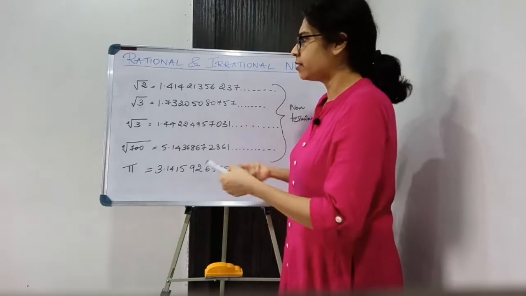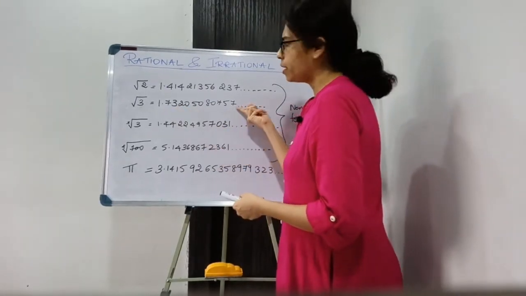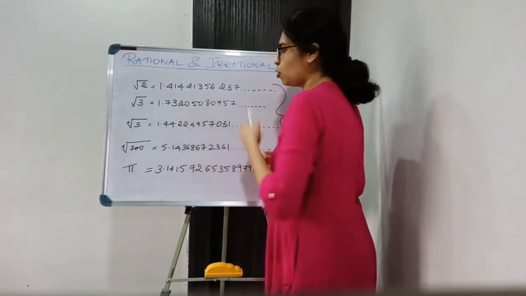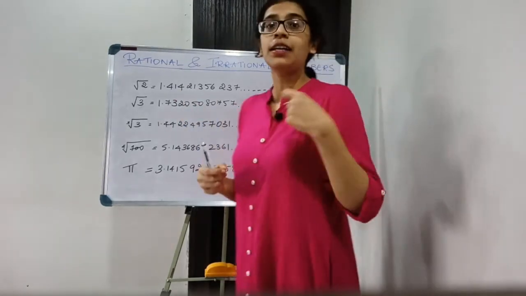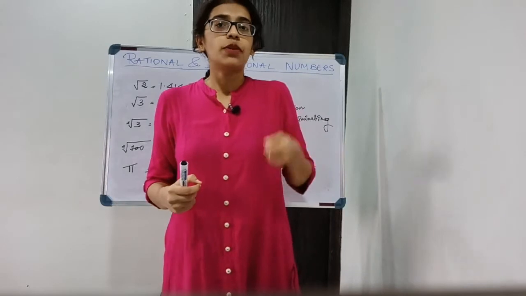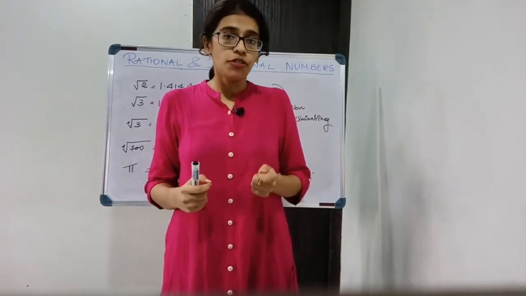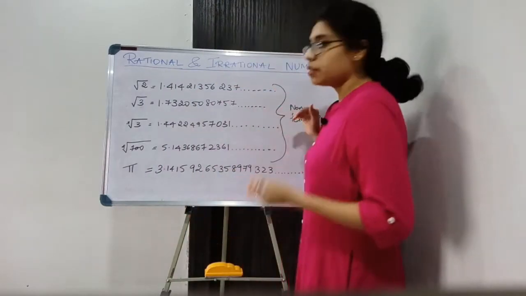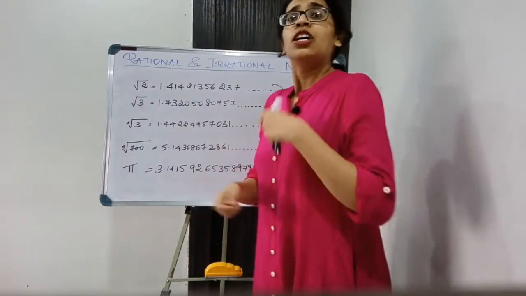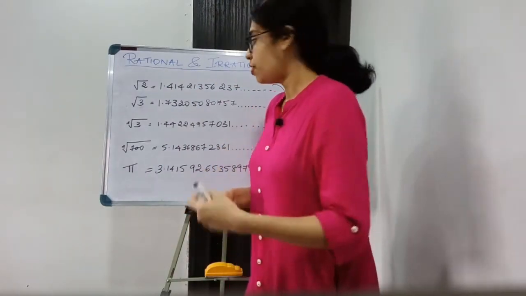There is no pattern over here. Same over here. There is no pattern being followed over here. So there is no definite pattern in which the numbers are repeating. So what I can say over here is that the numbers are non-repeating or non-recurring. So the numbers are non-terminating as well as non-repeating, that is non-recurring.